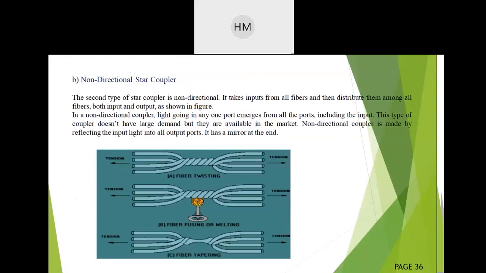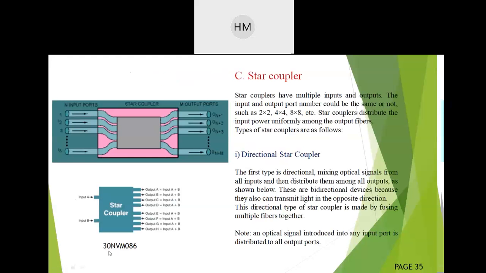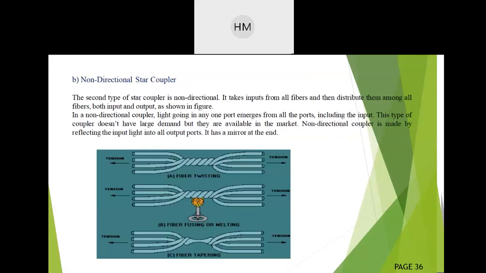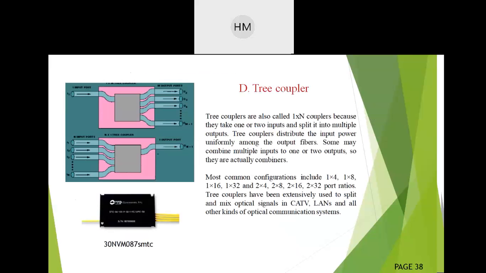Earlier we also saw the star coupler, which was 30NV M086. That was for the star coupler. Whenever we go to the market to design some hardware and purchase components, there are n number of components. Depending on your specific application, usage and requirement, you have to select your own device.